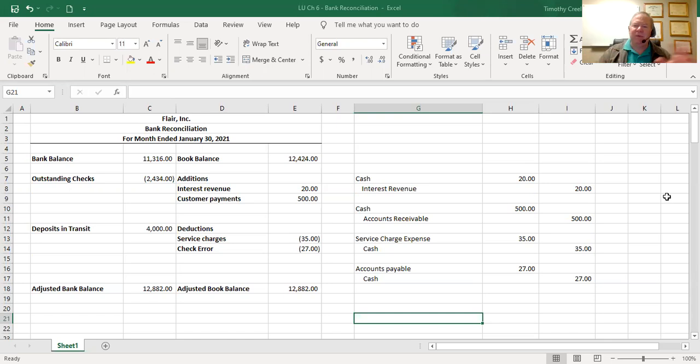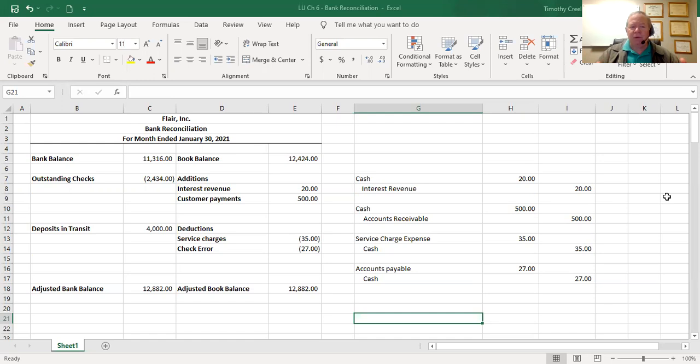And there's always going to be some differences, some due to timing or maybe things that the bank has that happen near the end of the month that the company doesn't know about yet. The bank reconciliation is a way to examine and reconcile those differences.